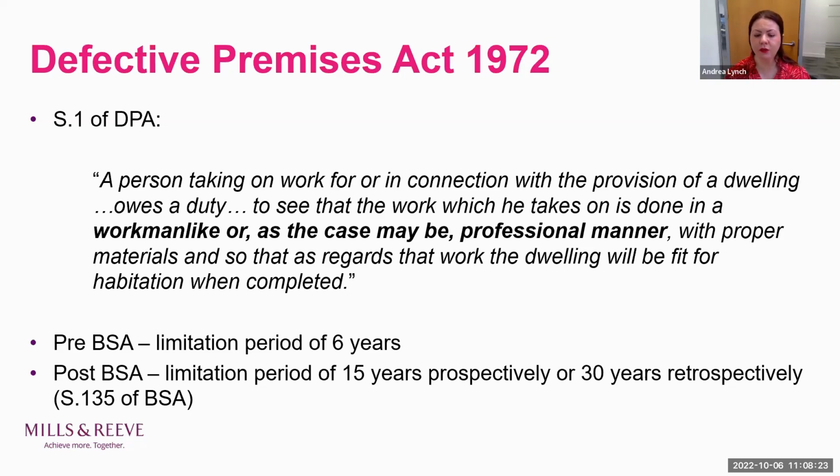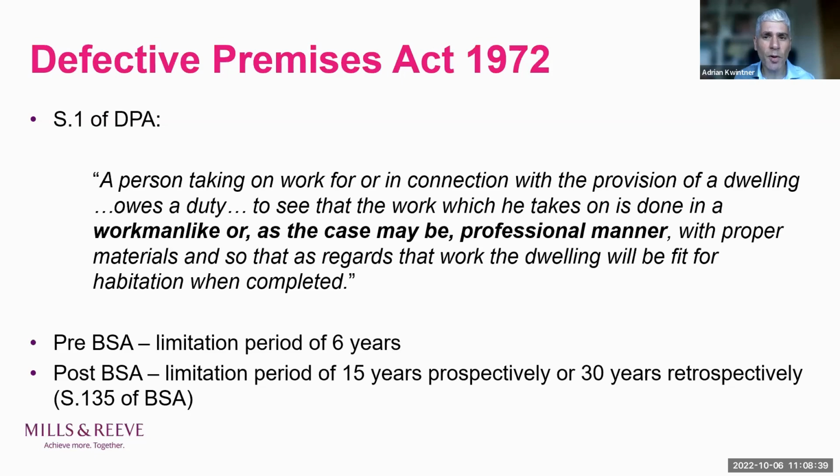Thanks, Adrian. Can you just remind us what changes have been made by the Building Safety Act? Well, the Building Safety Act extends the 6-year limitation period from practical completion of a dwelling for bringing claims under the Defective Premises Act.